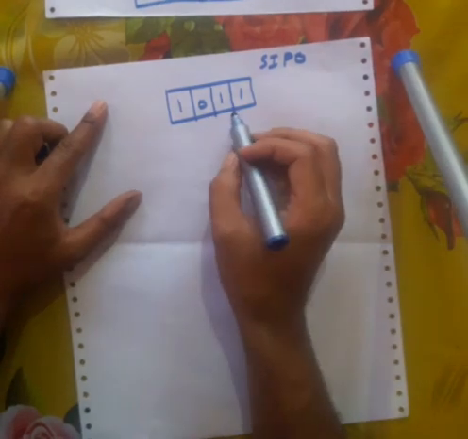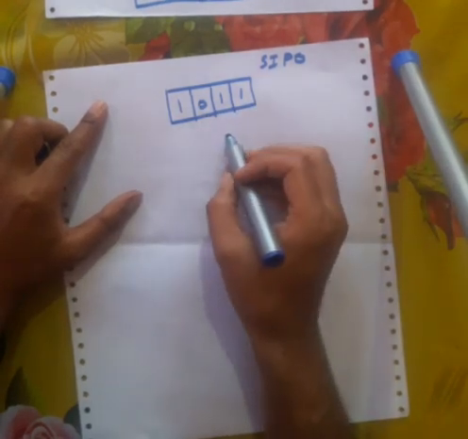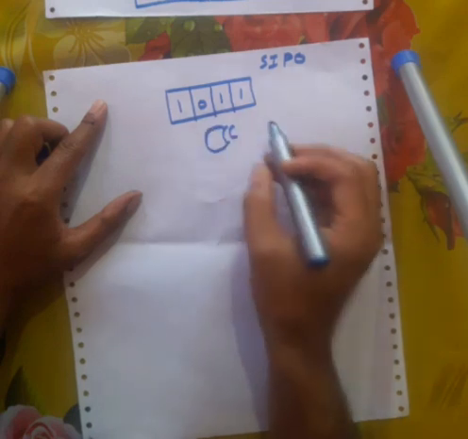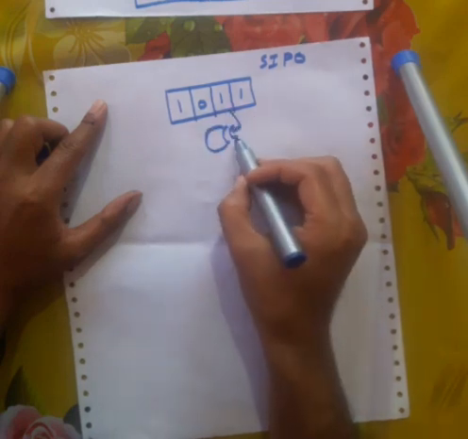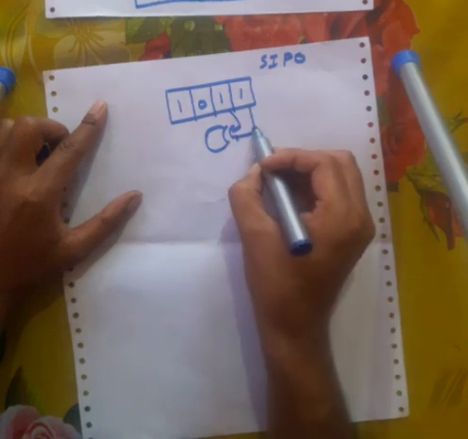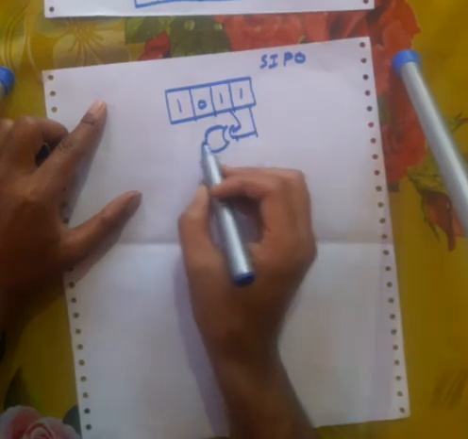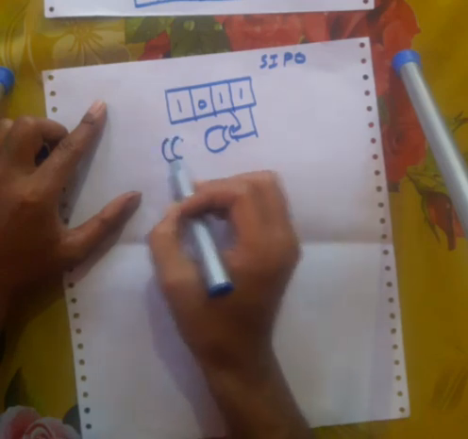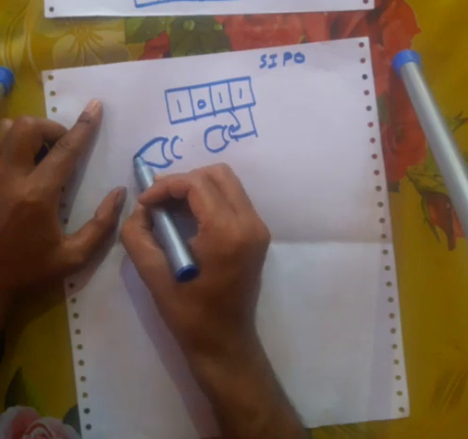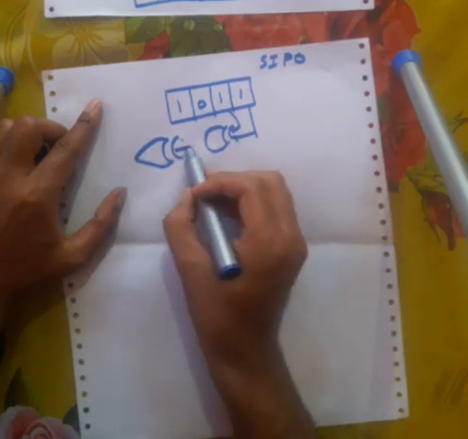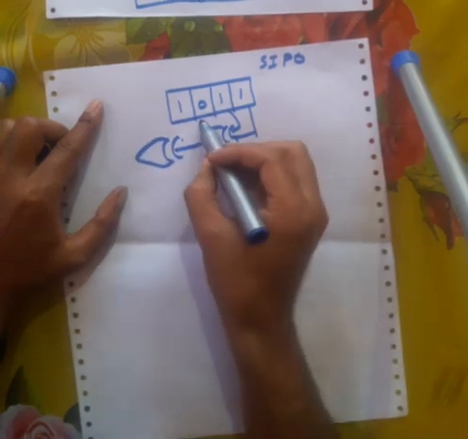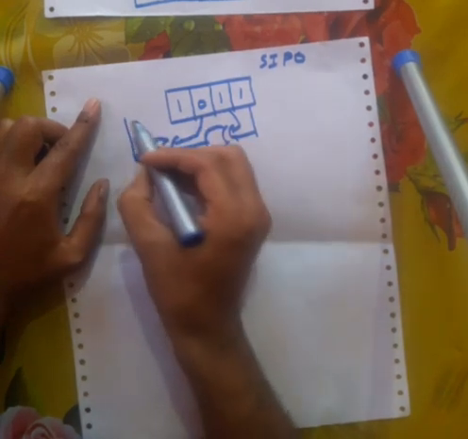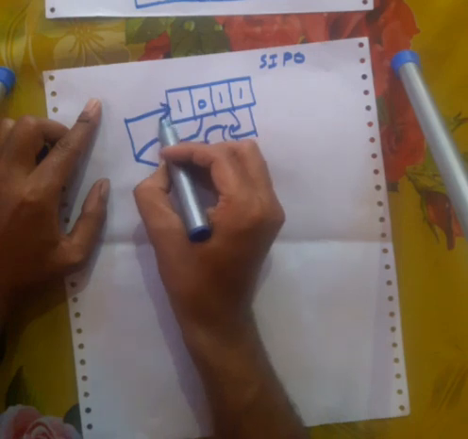Suppose I take an XOR of these two, connect this and this, and one more XOR gate here. The output of the XOR gate is given to this input.